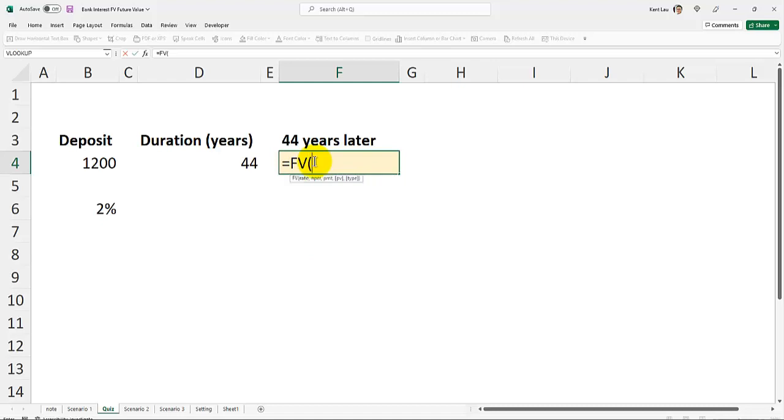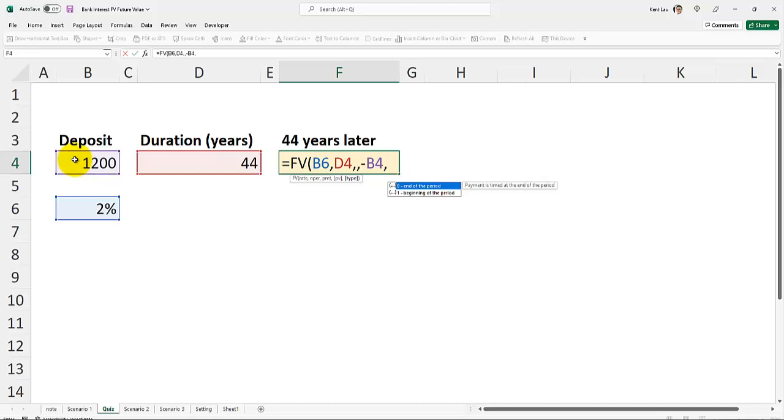So what you do is tell Excel, hey, this bank gives me 2%, and it's after 44 years, and in between I didn't put any further deposit. It's just one time, and the deposit is this amount, negative because the money comes out of my pocket.